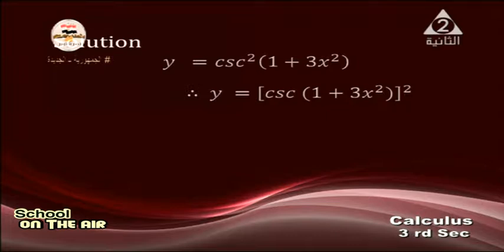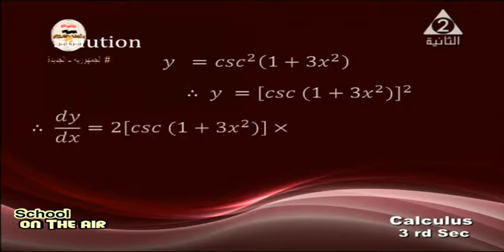Now we have a bracket to the power 2. The derivative of the bracket: dy dx equals 2 multiply the bracket power 1, cosec of 1 plus 3x power 2 all to the power 1, multiply what? Multiply the derivative of the function inside the bracket.